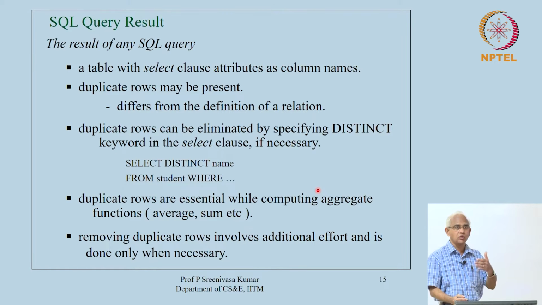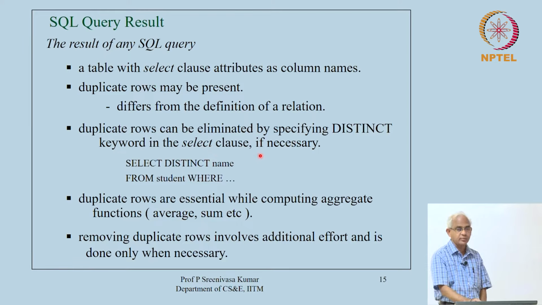You should consider all the values that are present in the instance and then do that. So, these are essential for computing aggregate functions, and so the default strategy that is adopted by SQL is to give you the duplicate rows.